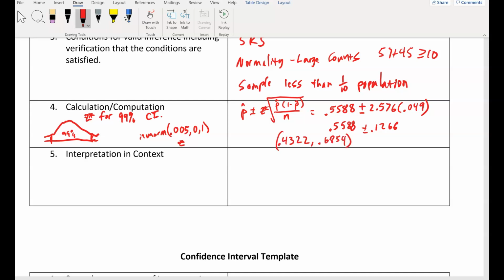For my interpretation in context, we don't want to get too carried away explaining what confidence means. We just say we are 99% confident that p, which we already defined, is contained in this interval.